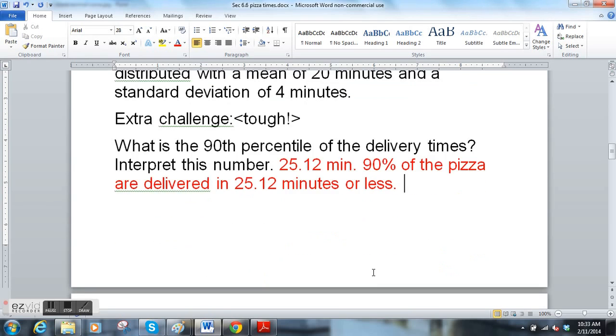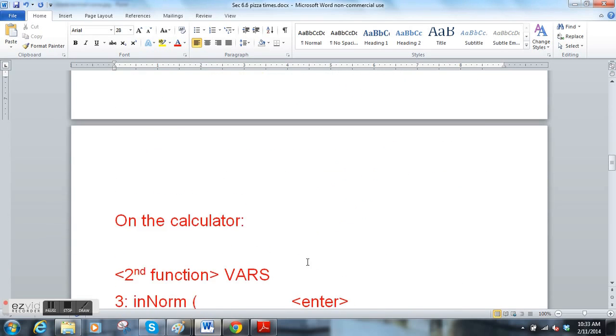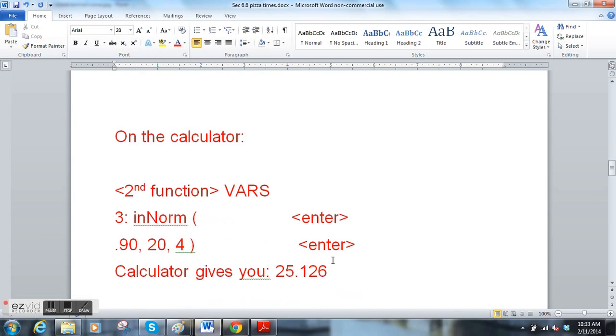Okay. How to do this on the calculator. You will like this if you have a calculator. It's so nice and tidy. Please, please try this on your calculator if you have gone to the trouble of buying one. So on your calculator, you turn it on. You go to second function and hit that vars button again. You're actually going for the distribution, but it's second function vars. And then you scroll down to this third option, which is I think inverse normal.